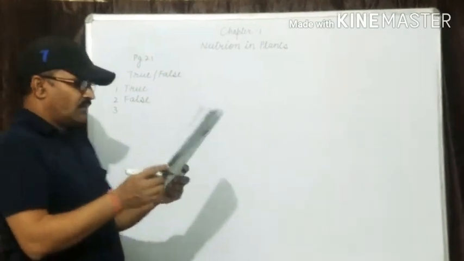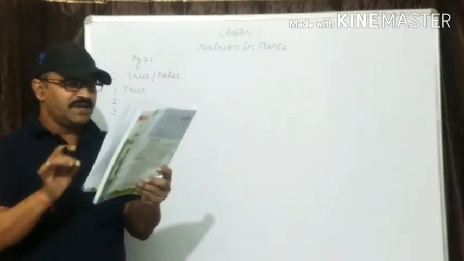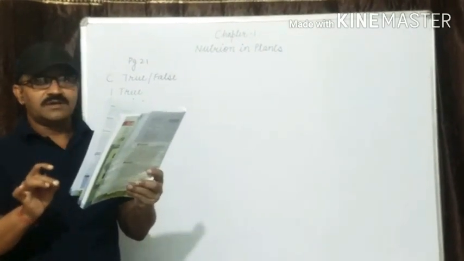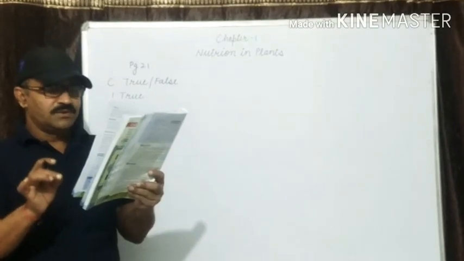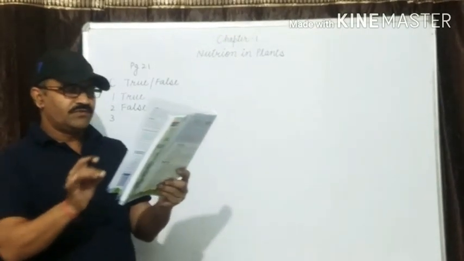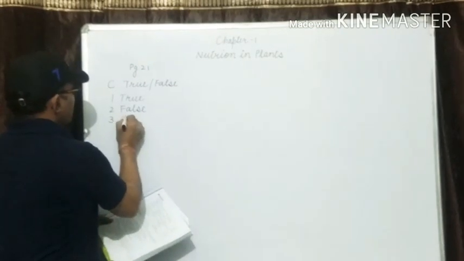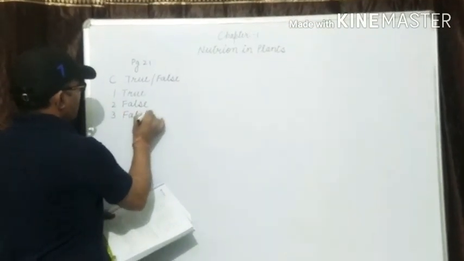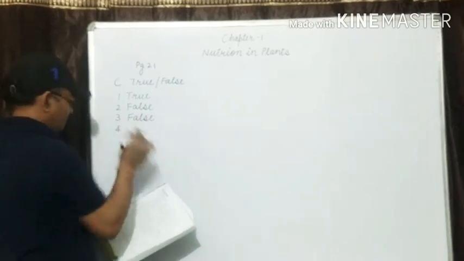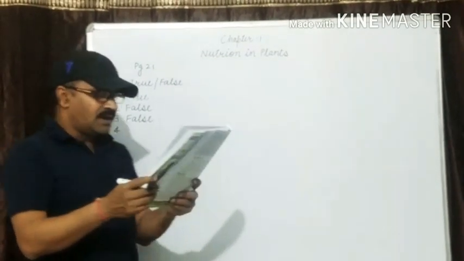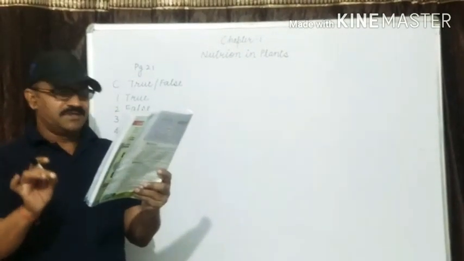Third, photosynthesis can take place in the presence of water. No, this is also false. Fourth, plants cannot synthesize vitamins.